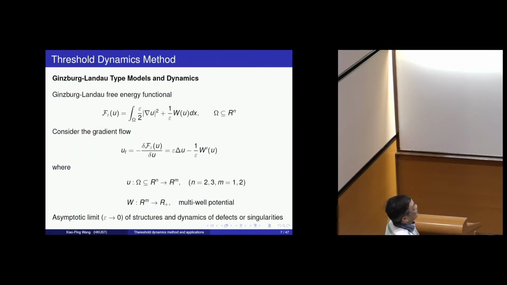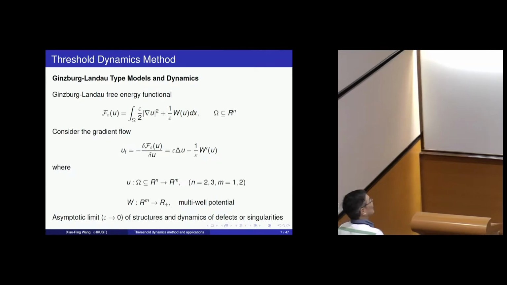Actually, this can be generalized to more complex systems. For example, if you consider the general Ginzburg-Landau free energy, where u is a vector, so it's from R^n to R^m, with W a multi-well potential, and when epsilon goes to 0, you have this asymptotic limit.